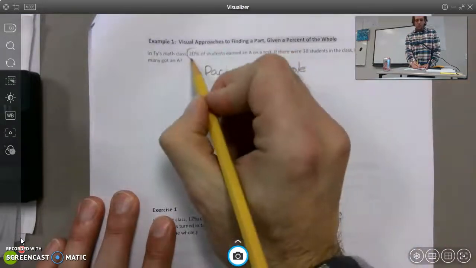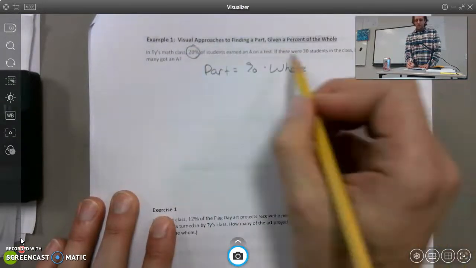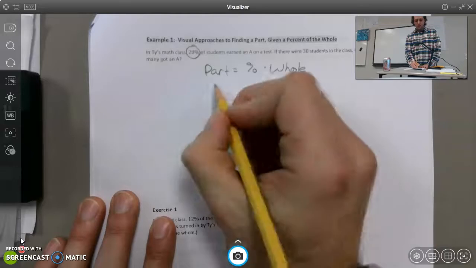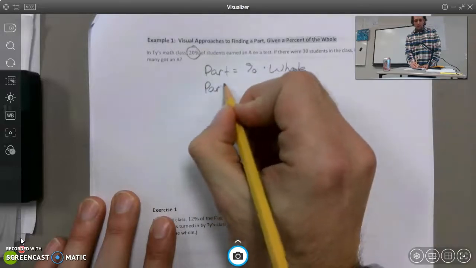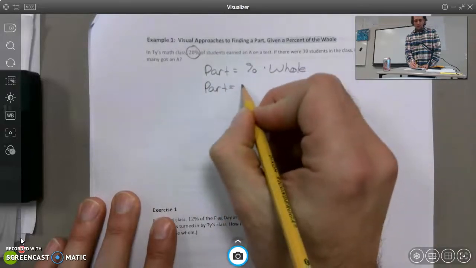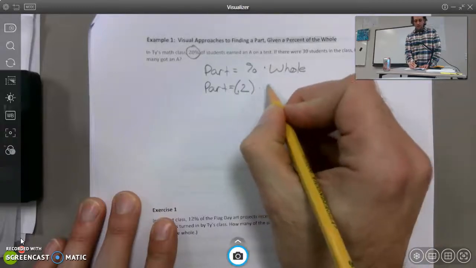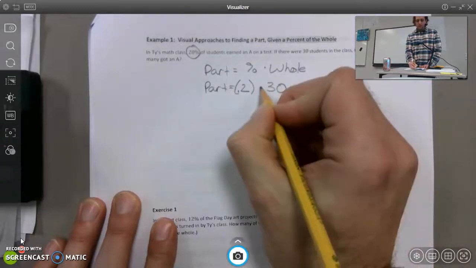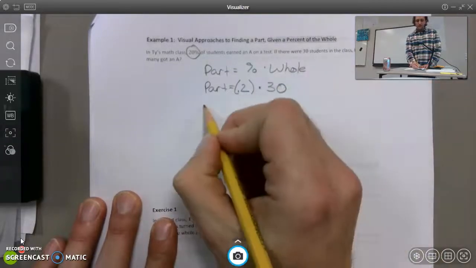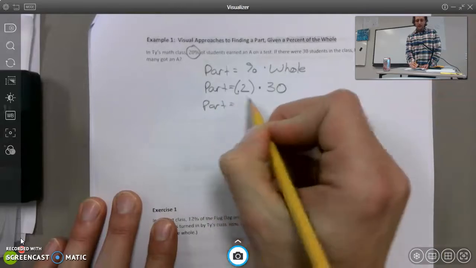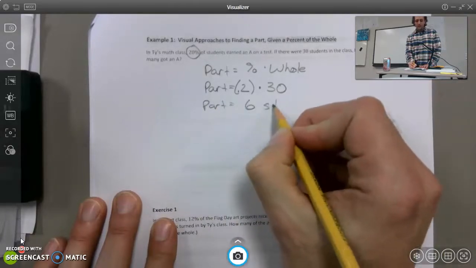So we know the percentage. If there were 30 students in the class, how many got an A? So I can just come down here. Part equals 20%, 2/10, times 30. 2/10 of 30, the part that got the A, is 6 students.